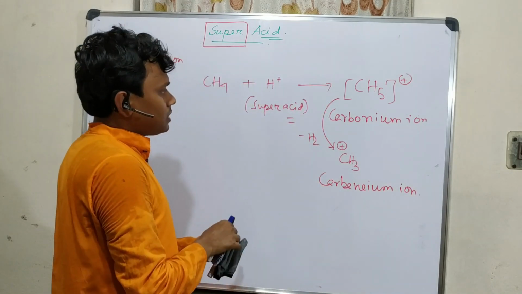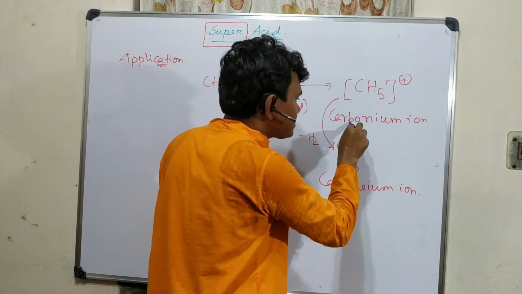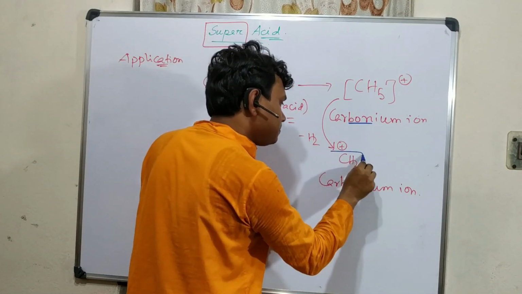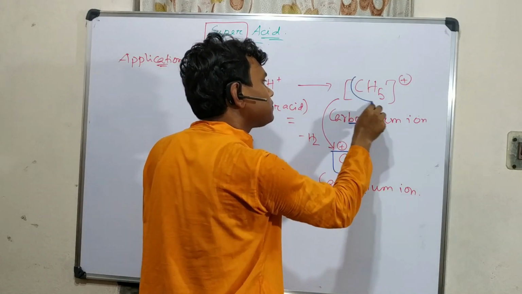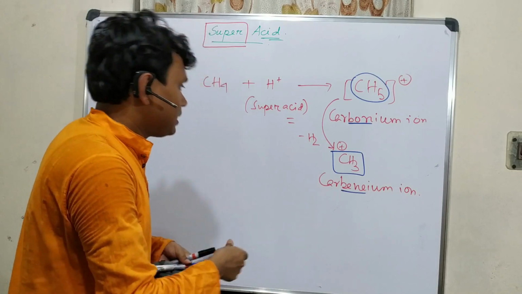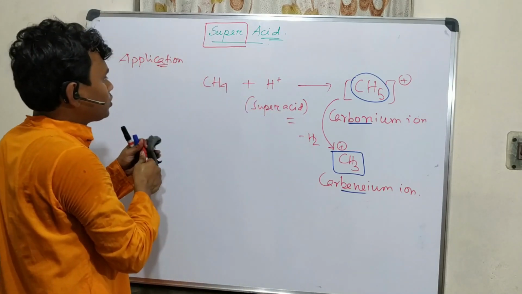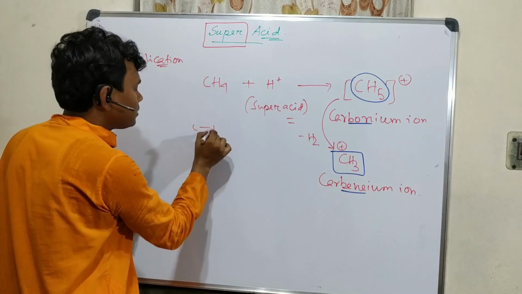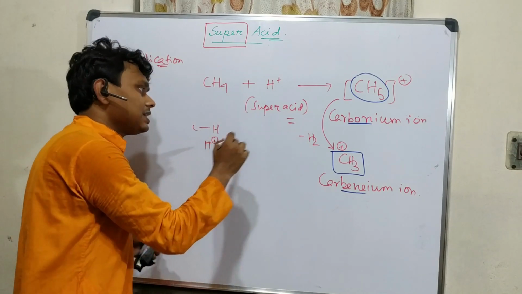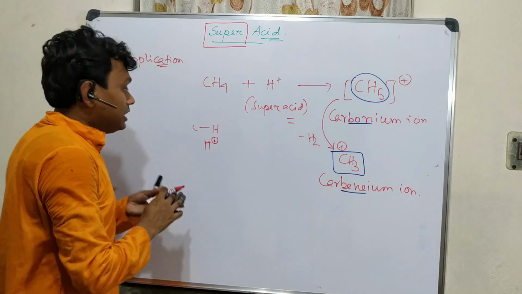The difference you can see is carbonium and carbenium: it is CH3 plus, and it is CH5 plus. How does this happen? Actually, the superacid protonates the C-H bond. Details I will explain in that video elaborately.